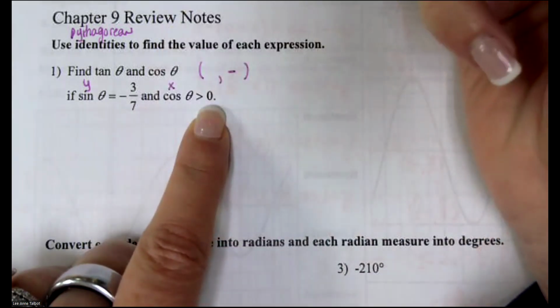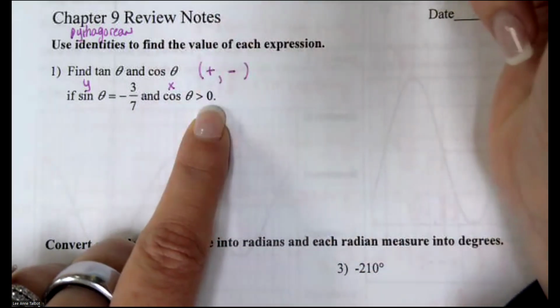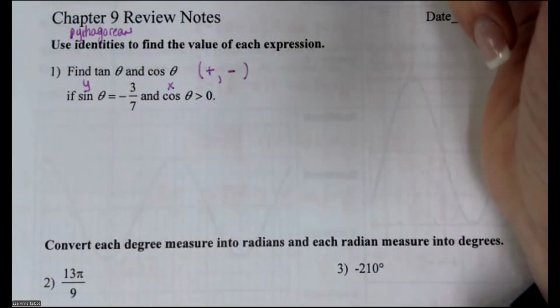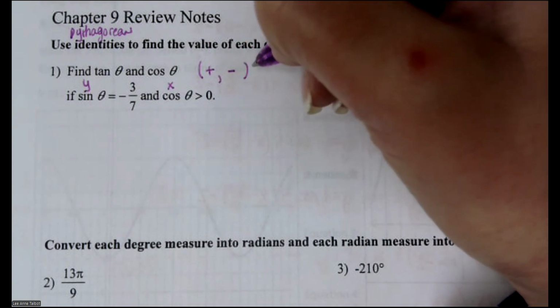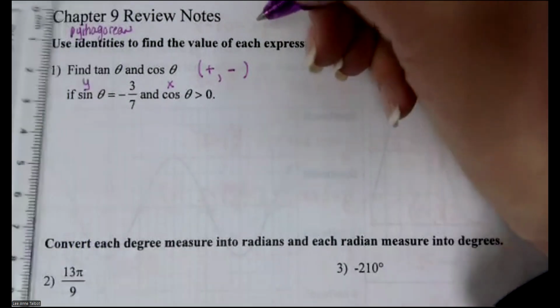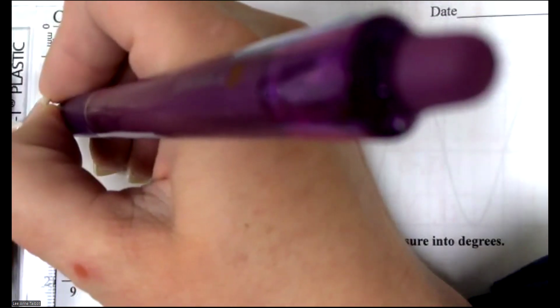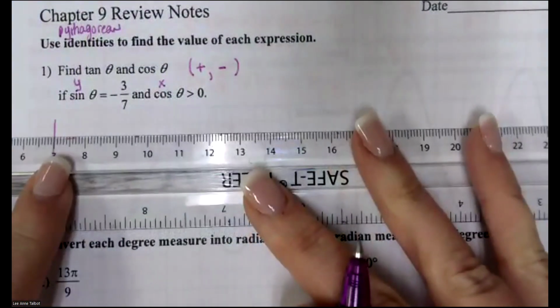Cosine is the x. Greater than 0 means it's positive. What quadrant has a positive x? Nope. Negative what? 4. Beautiful. Quadrant 4.